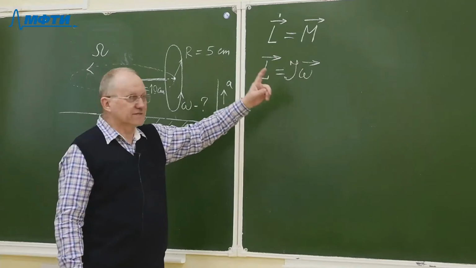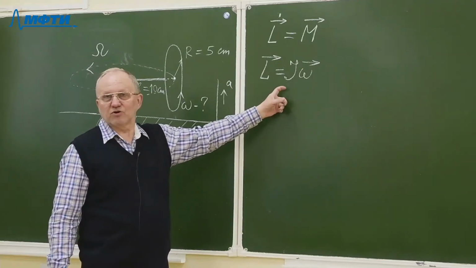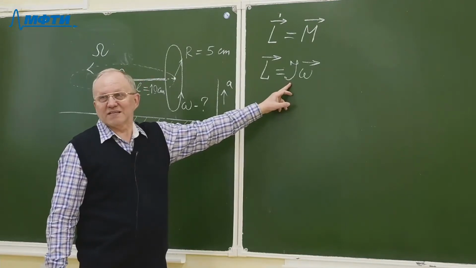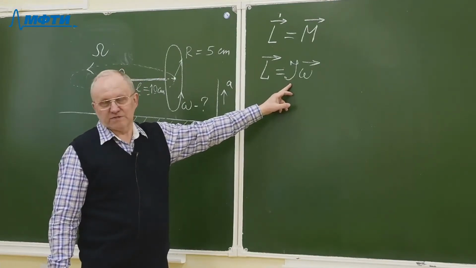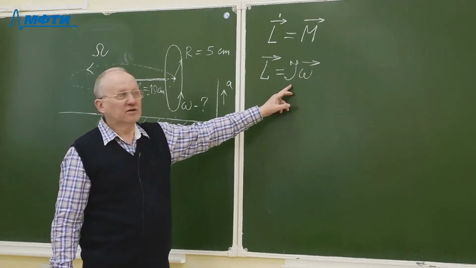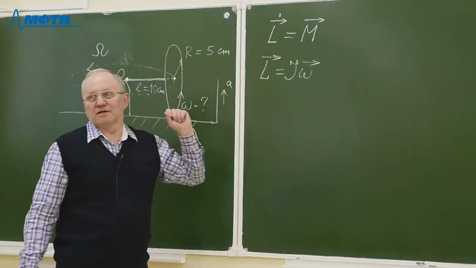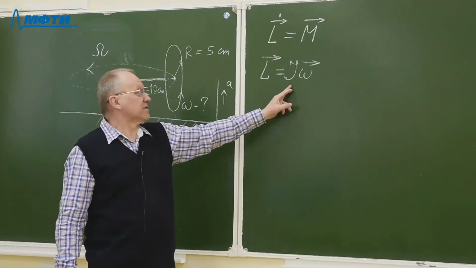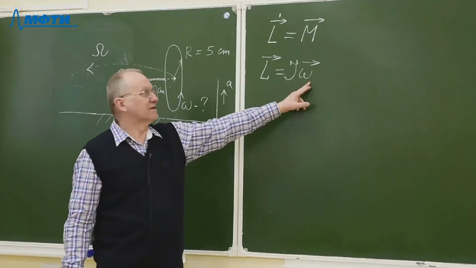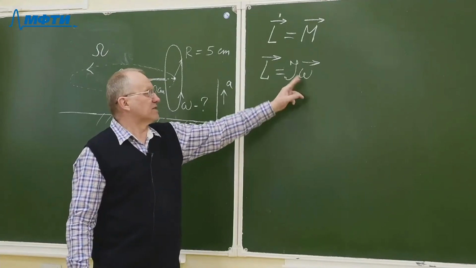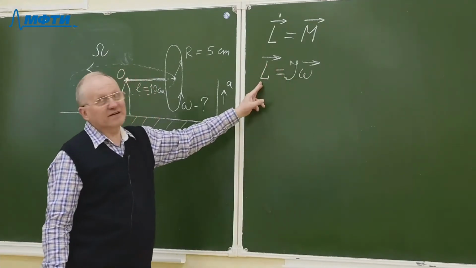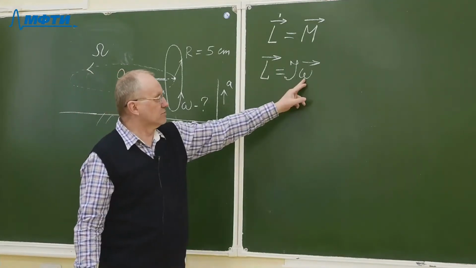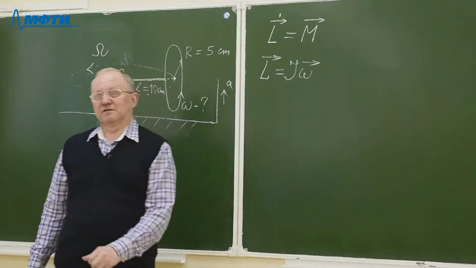And what should be used instead of this? Instead of this formula, you should take into account that the moment of inertia will become a tensor of inertia. We discussed this issue in detail. For non-symmetrical bodies, that will be a tensor of inertia. And tensor is a matrix which should be multiplied by a vector. And the result of multiplication of a matrix by a vector will be another vector which is, in general cases, not parallel to the omega vector.